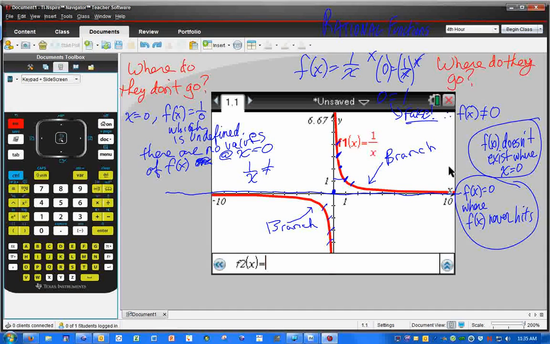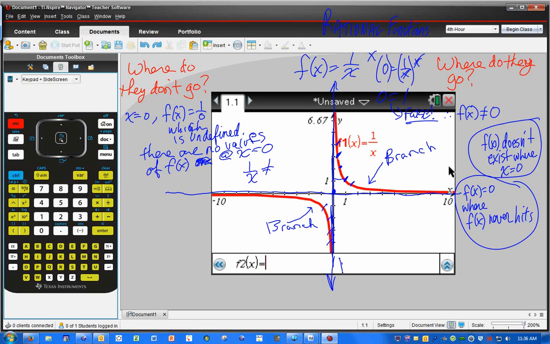Now, there's a fancy name for these two lines that just happen to be the x-axis in this case. This line right here, this line right there. But for right now, do we understand that when we graph this, we're going to get a branch up here, we're going to get a branch down here, and we can never make f of x equal 0, so the x-axis is offline, and if we plugged in x equals 0, we get undefined.